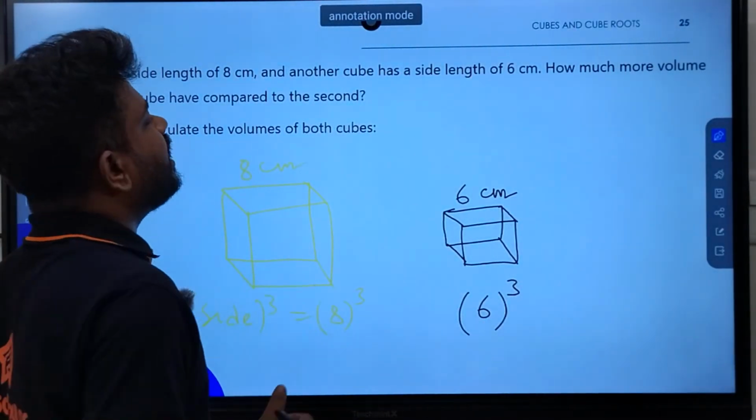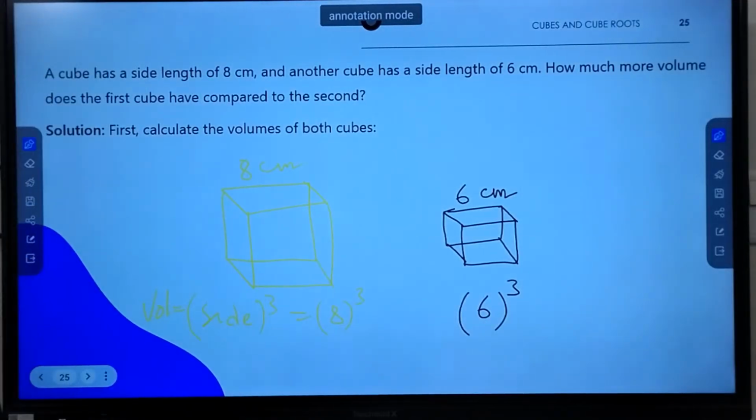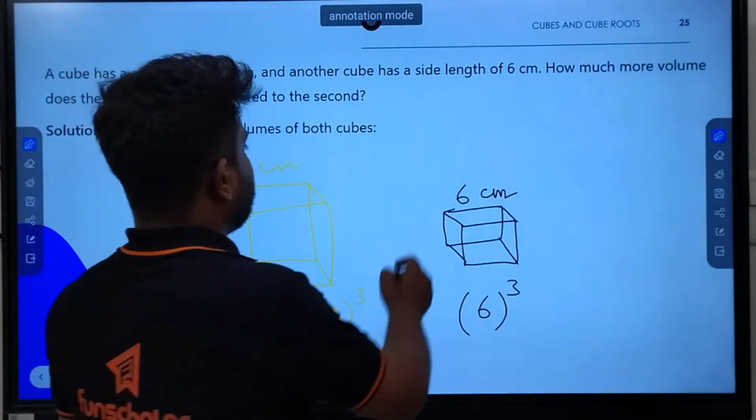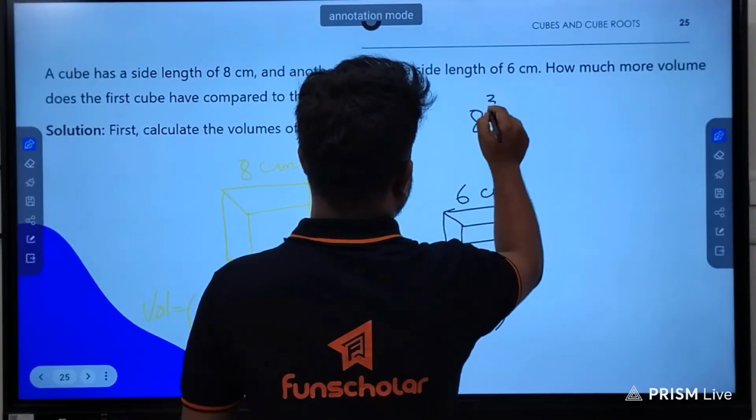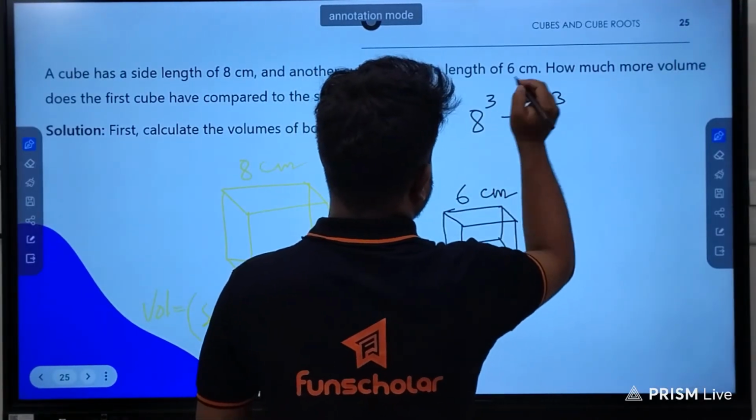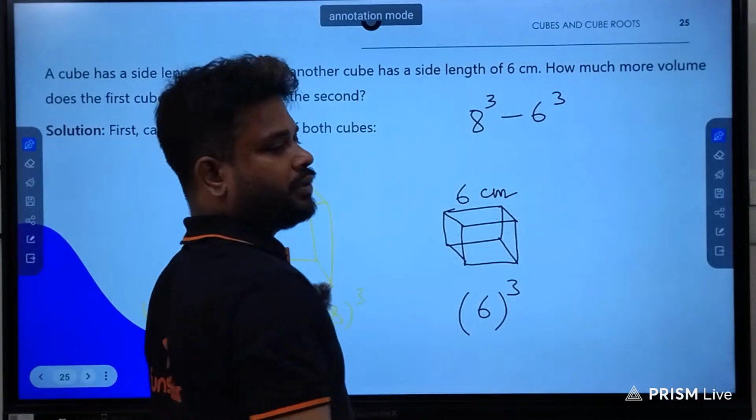So they have asked how much more volume the first cube has compared to the second. If you want that, then just subtract this one from this one.